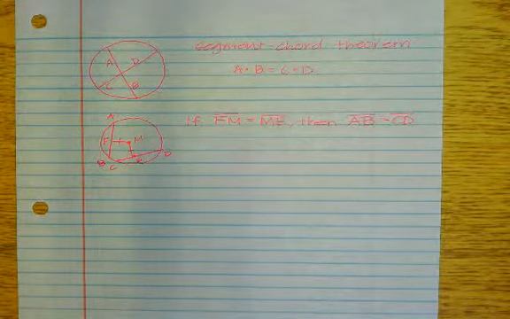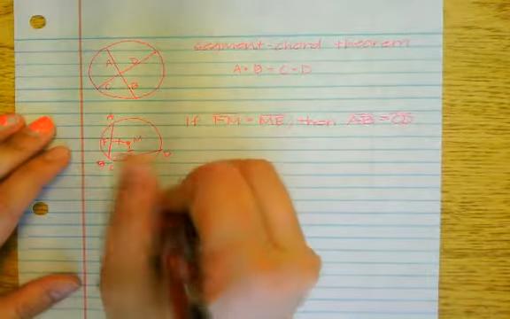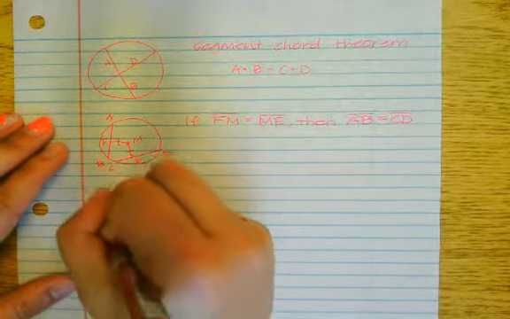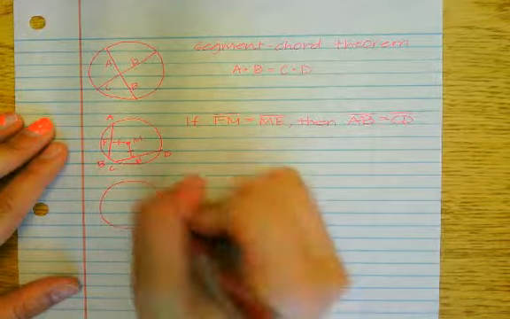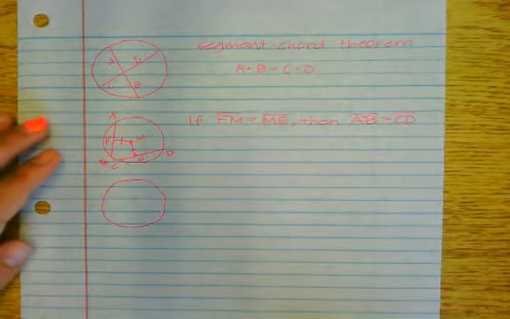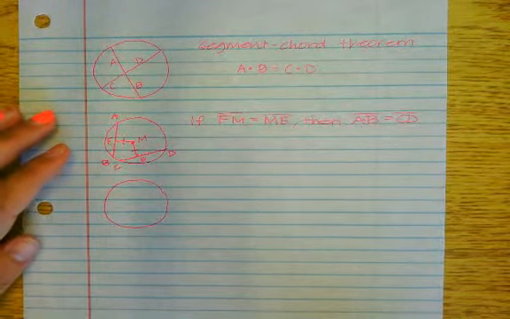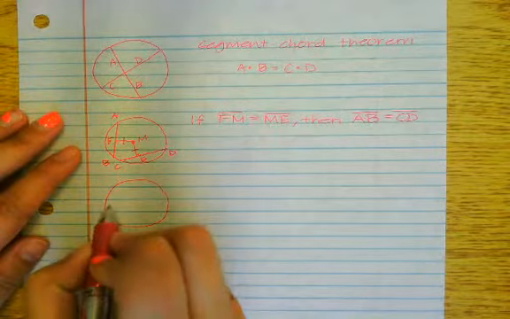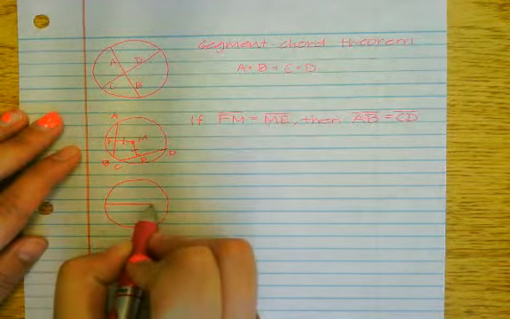The next one's going to be hard to explain, I feel like. Diameter bisecting the chord.